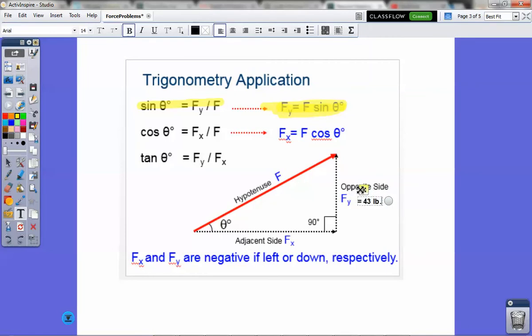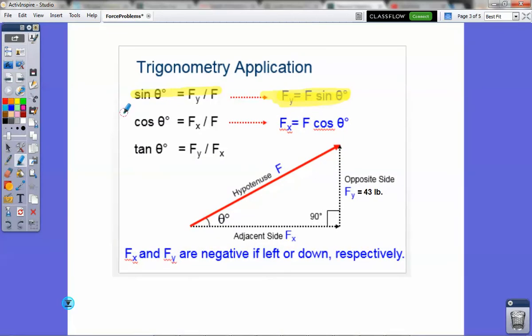Now, if we do the same thing for the x component, the x component is adjacent, right? So if we did the cosine of this angle, that would be the adjacent side over the hypotenuse. It's F sub x over F, the x component over F. If I want to get the x component by itself, I just multiply F on both sides.